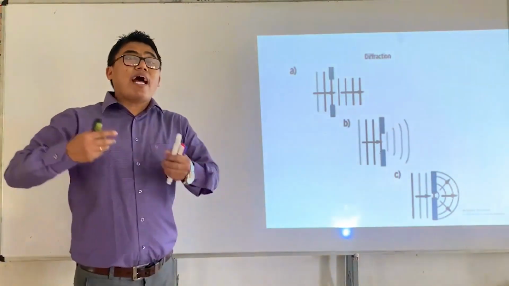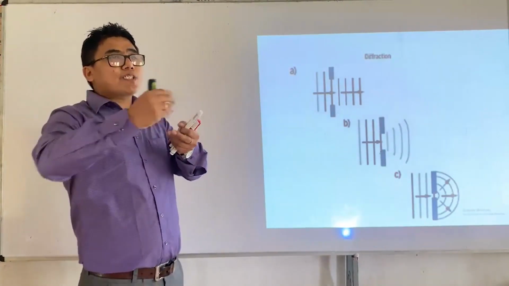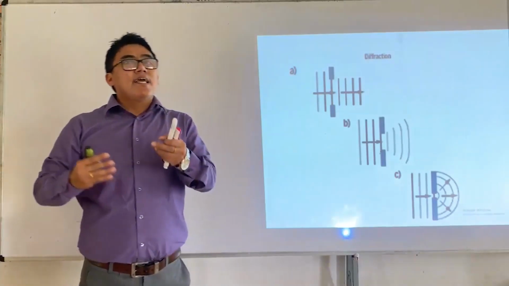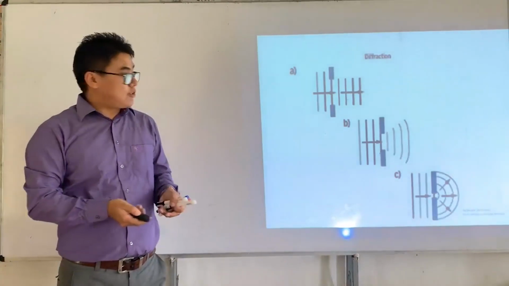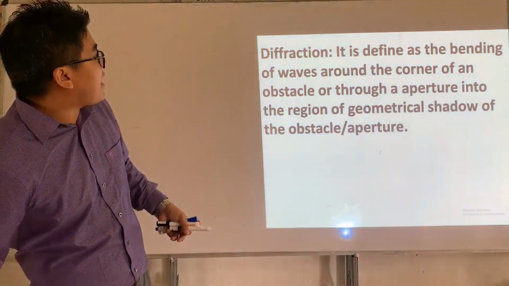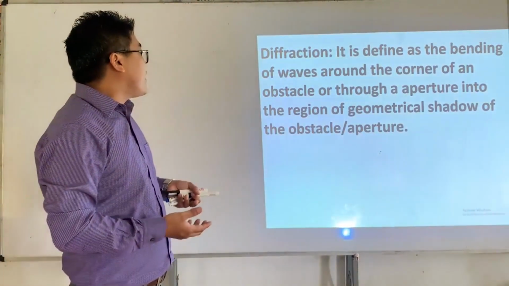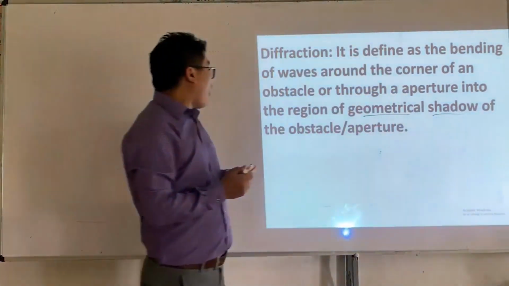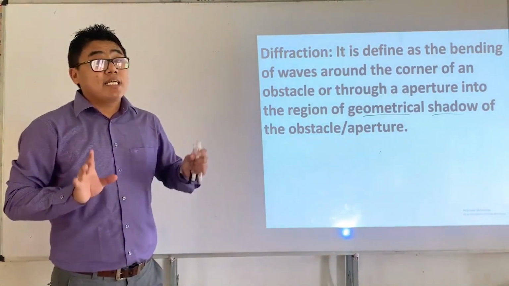Whenever light encounters opaque obstacles, light undergoes bending such that it goes into shadow regions. This is what we define. It is defined as the bending of a wave around a corner of an obstacle or through an aperture into the region of geometrical shadow of the obstacle or aperture.